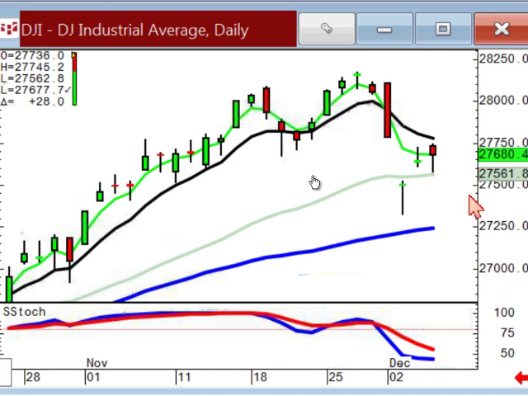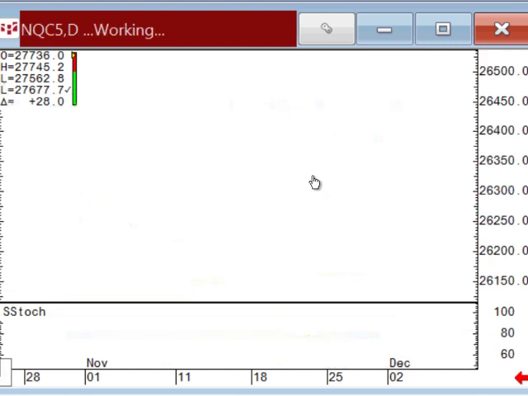If I've got 10 positions on and I don't know which way this market's going, I might be 4 short, 6 long, or 5 and 5, something like that, where I'm half and half. Because we can look at this chart and say we really don't know which way it's going, we could do that in a matter of seconds.